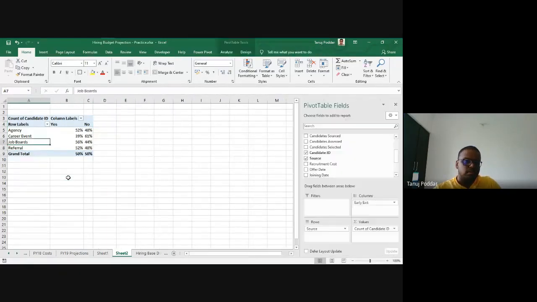Okay. So here you see that career events are the ones which have less. Yes basically means that the person was an early exit. So career event is the most effective source if you want to see where we don't see early exit or attrition being less.